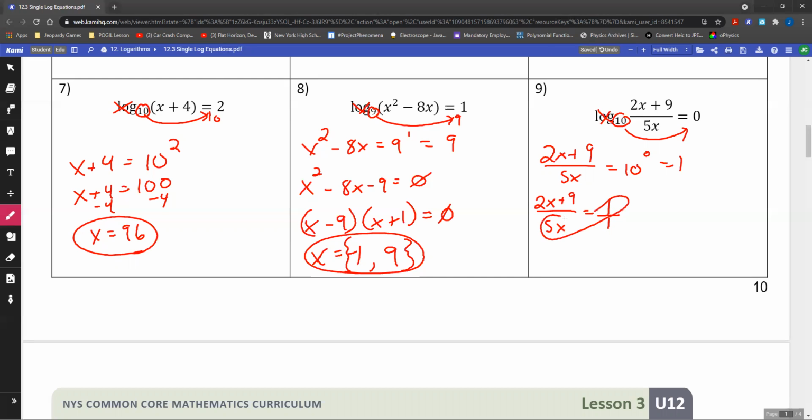Cross multiply. So I get 2x plus 9 equals 5x. From here, I can subtract 2x to the other side. I get 9 equals 3x, which I can then divide both sides by 3. And I end up getting x equals 3.